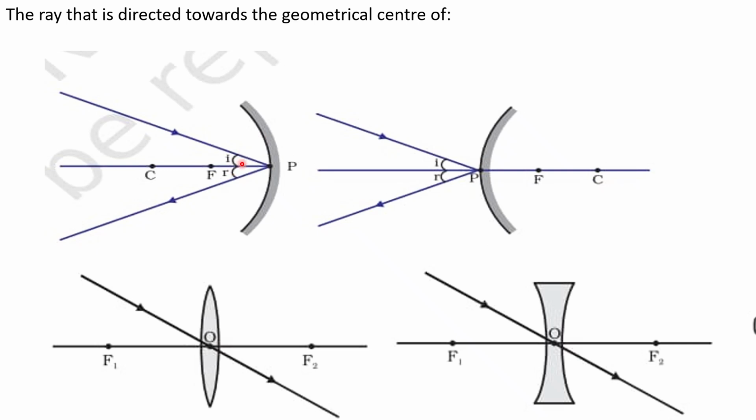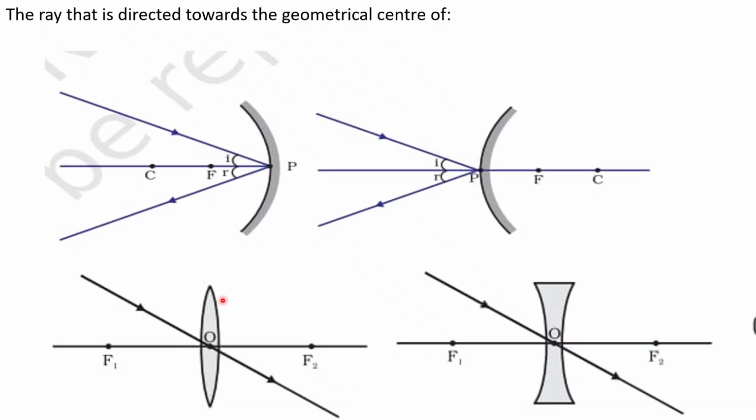It will make the same angle of reflection as I, so it will follow the law of reflection, that is I equals R, and it will be reflected obliquely. Here also, this incident ray at the pole in the convex mirror makes the angle of reflection and is reflected obliquely. So in the case of a concave mirror and a convex mirror, the incident ray directed towards the pole will be reflected obliquely following the law of reflection, which is angle of incidence equals angle of reflection.